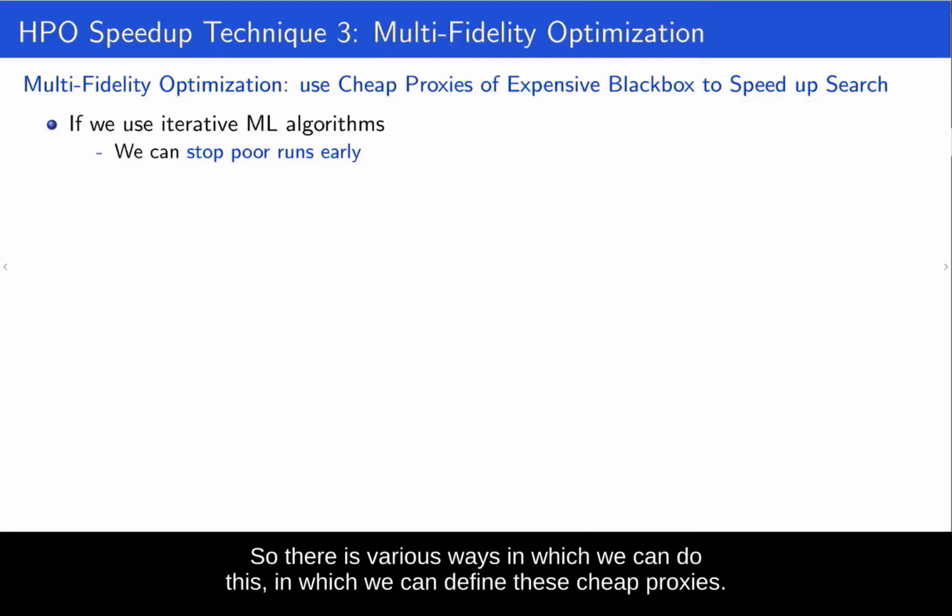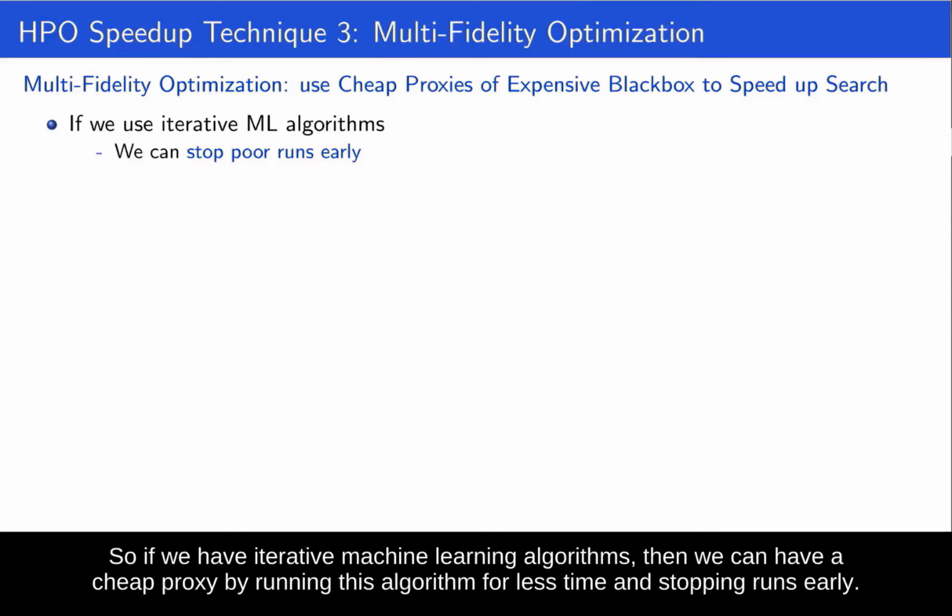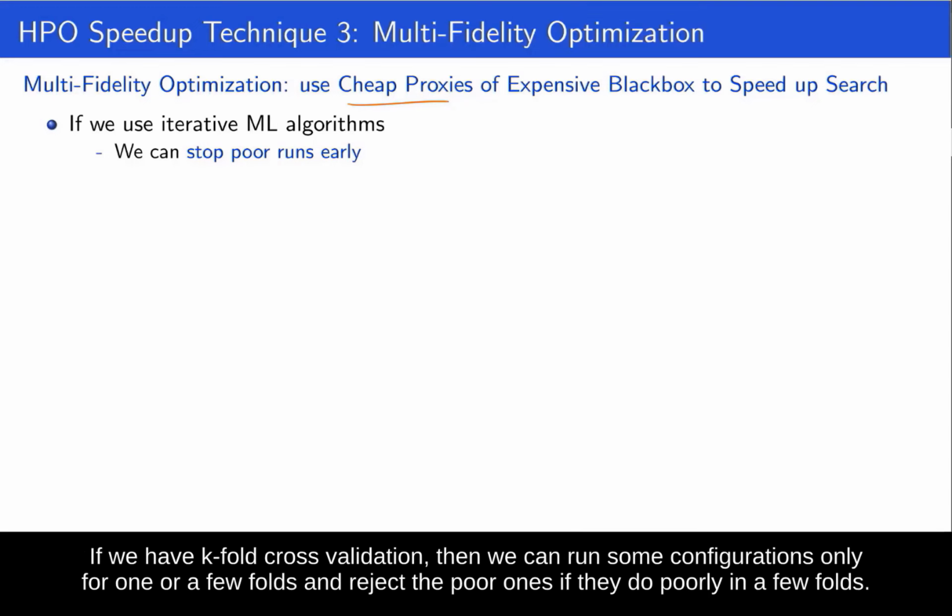There are various ways in which we can define these cheap proxies. If we have iterative machine learning algorithms, then we can have a cheap proxy by running the algorithm for less time and stopping runs early.